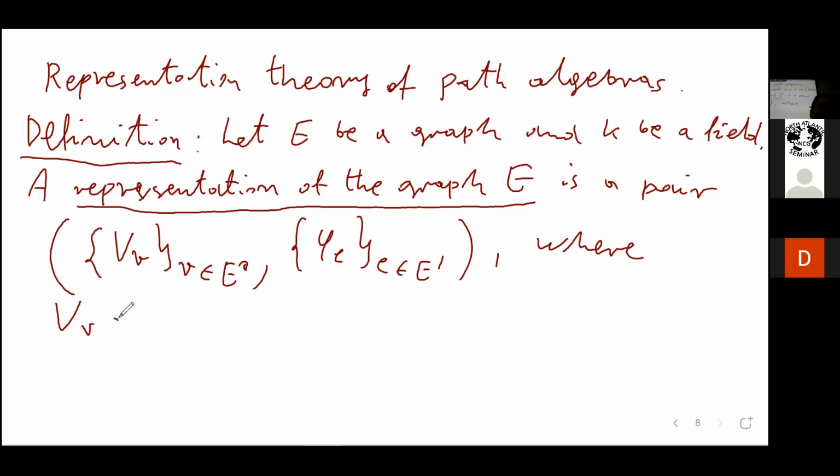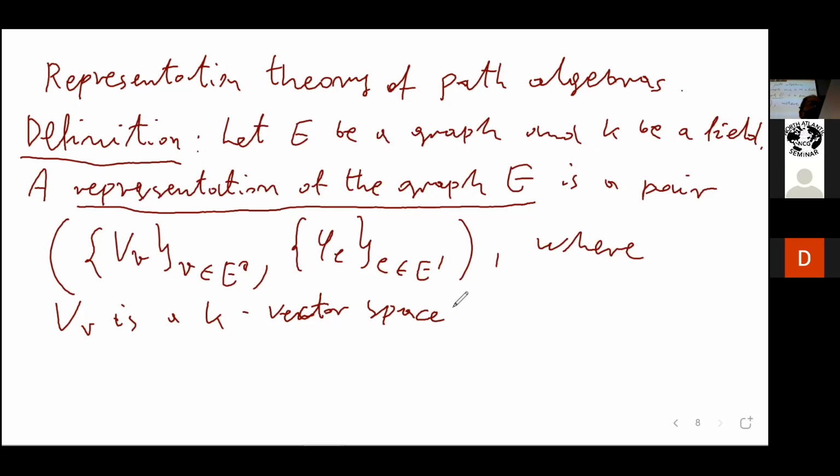So V_v is a K vector space. And that's all. You don't need to know anything about this vector space. It's just a vector space. Finite dimensional, infinite dimensional, whatever, you don't care. Can take K equals C, can take a Hilbert space. It's also okay.